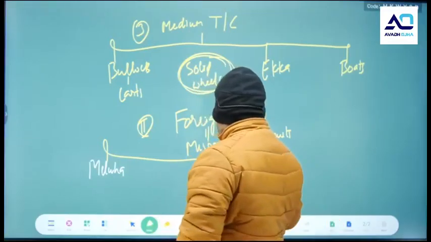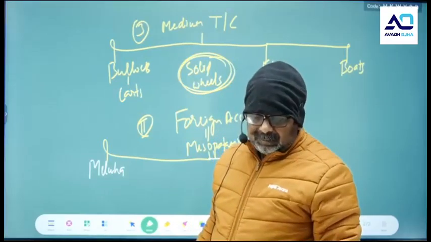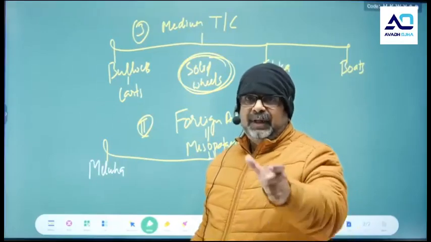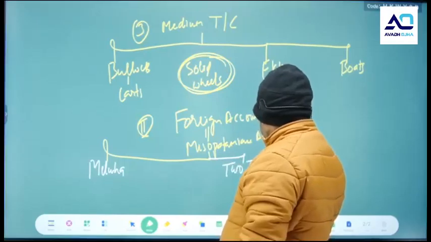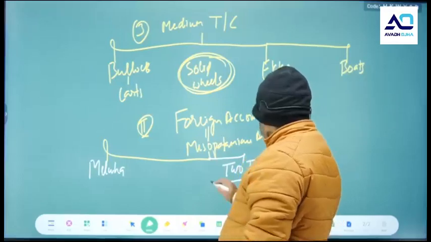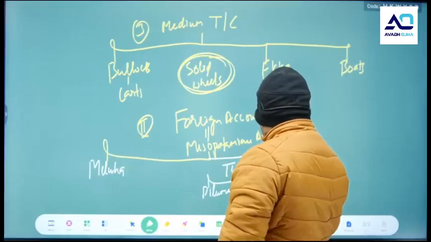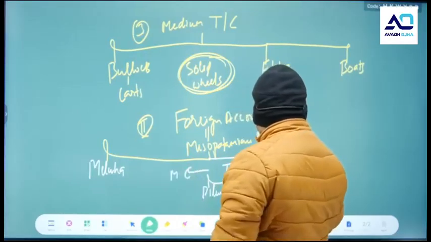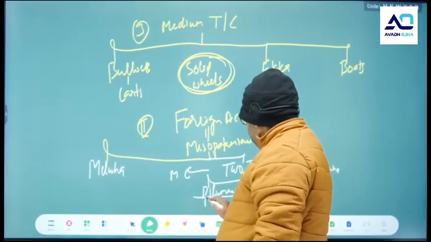They talk about the two trading stations, Diluman and Makan, between Mesopotamia and Meluha. Diluman, Bahrain.